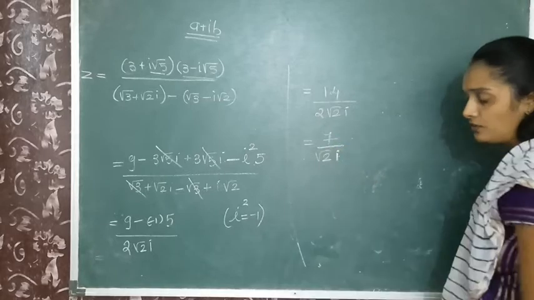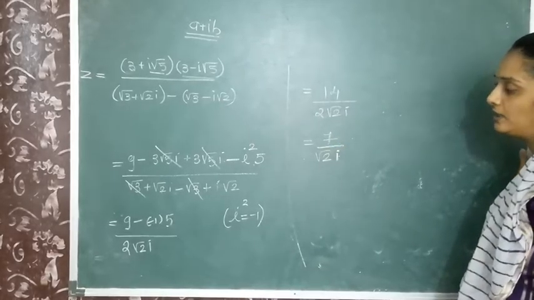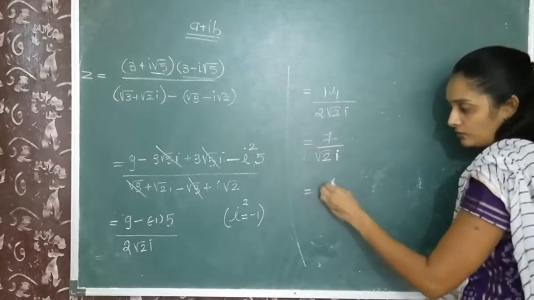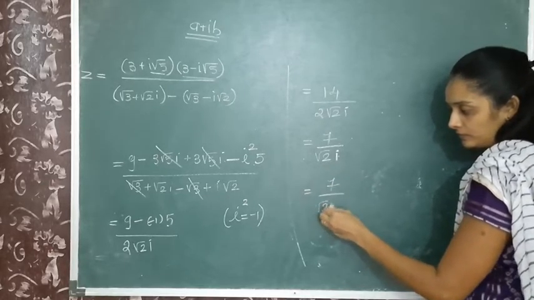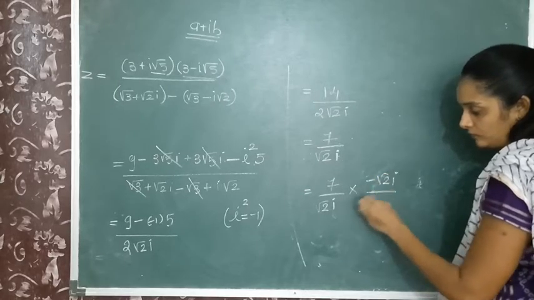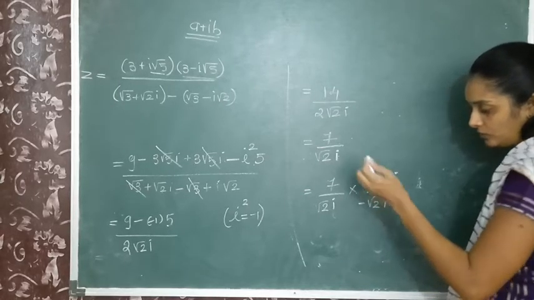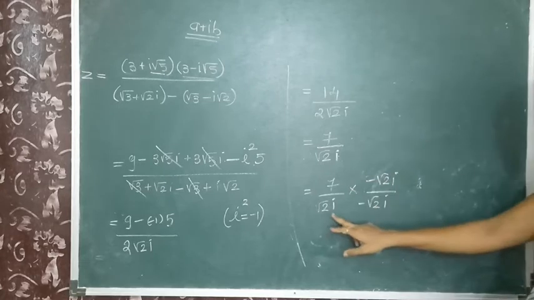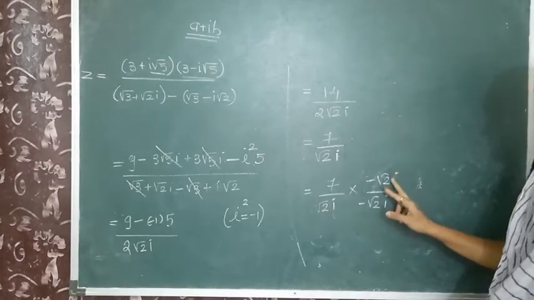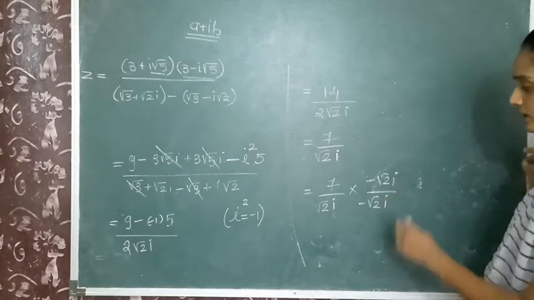And as you all know, we don't need i in the denominator. So we can take the conjugate of the denominator. Okay, the conjugate of root 2i is minus root 2i. So we can multiply and divide by minus root 2i.